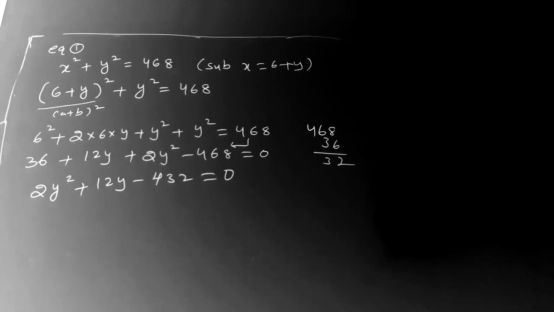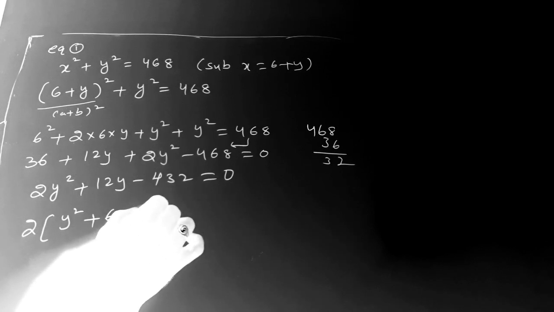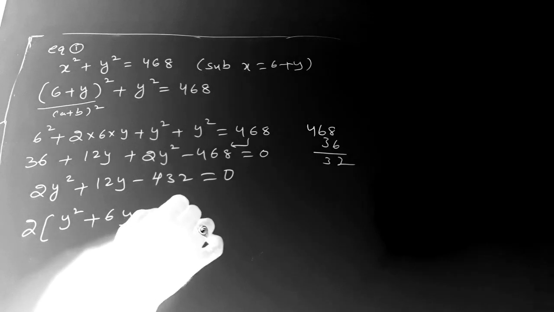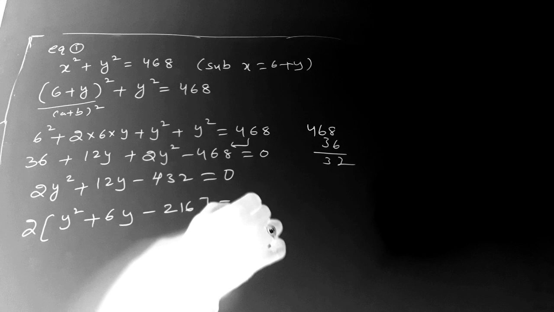Now we can take 2 common. Writing 2 outside: y square, 2 6s are 12 so 6y, and 2 times 216 is 432, so minus 216, equal to 0.